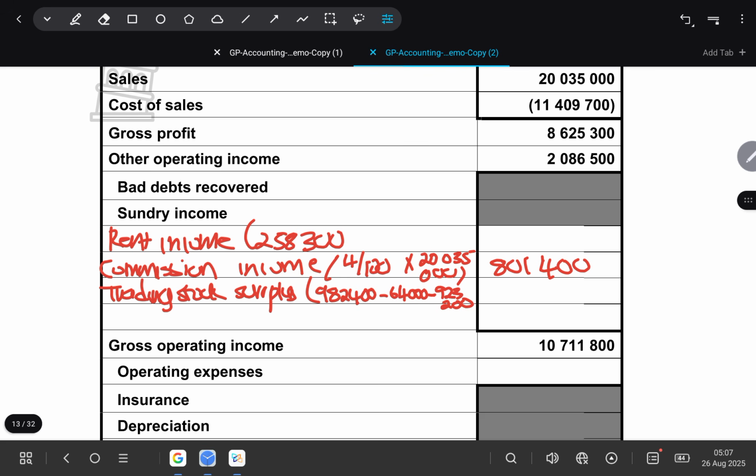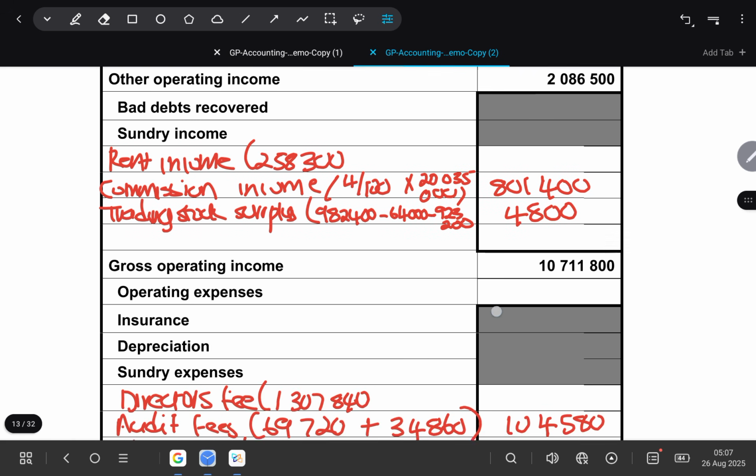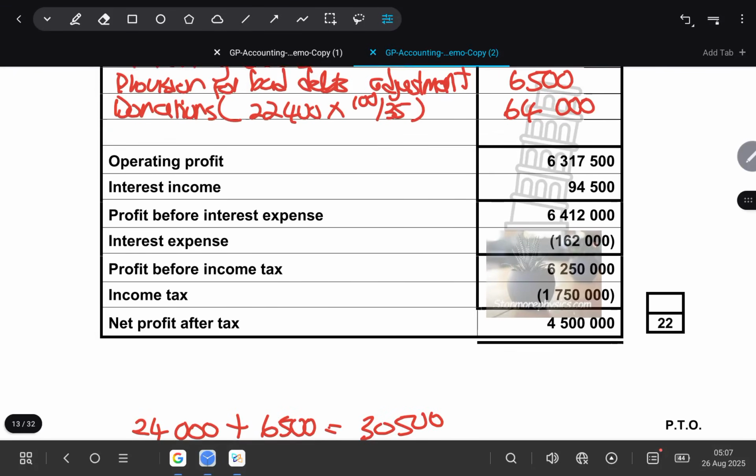Okay, so let's see, 982,400 minus 64,000, and then also minus 923,200. It gives me 4,800.